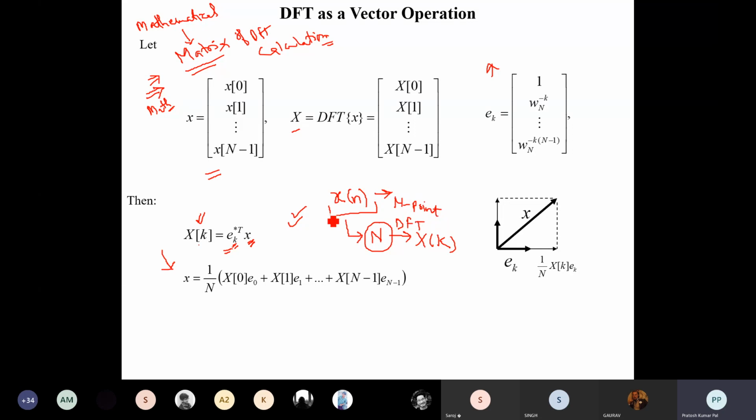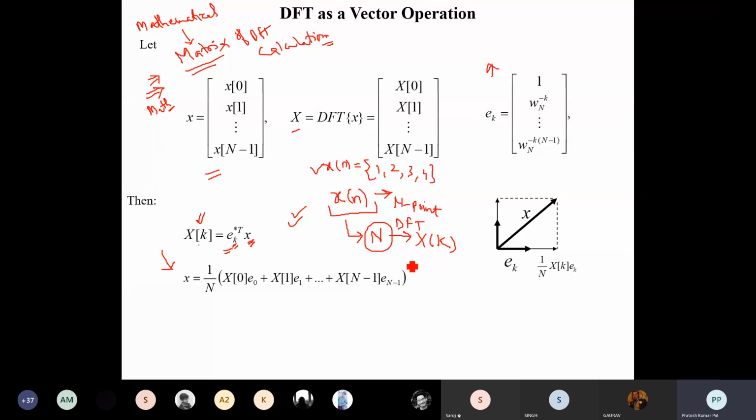Whenever a sequence is given, like the one with samples 1, 2, 3, 4 that we took in the previous example, there are 4 samples. If 4 samples are there in the input signal, then the calculation will be called a 4 point DFT.